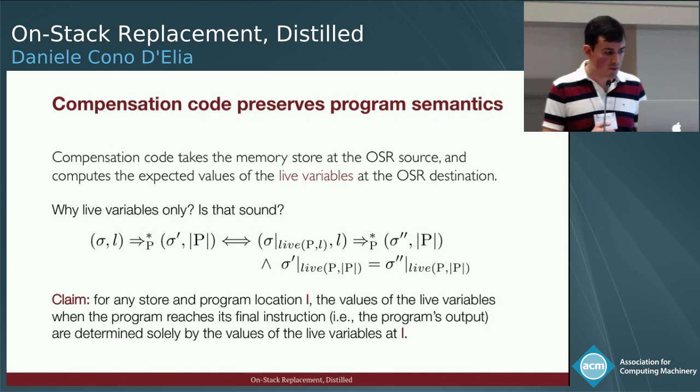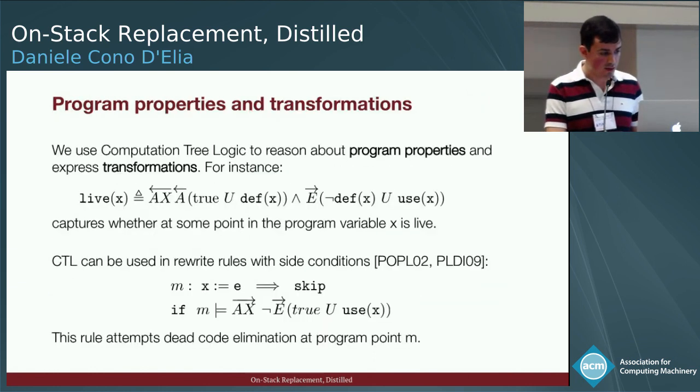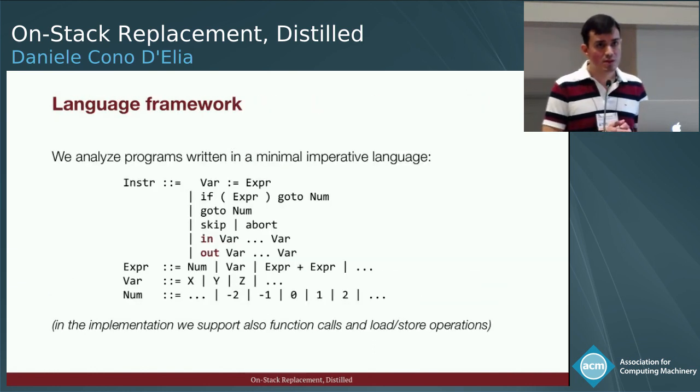For doing this, we show inductively that you preserve this property for every instruction that you execute. So in our big step semantics, you're preserving this at every step.